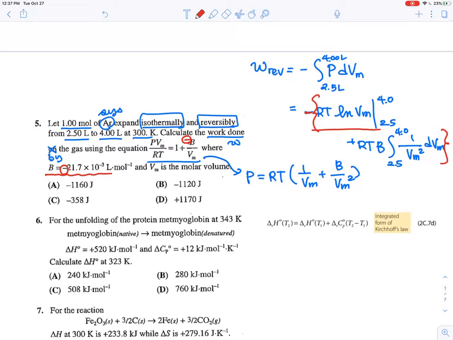There's a couple of tricky parts, because we know the gas constant and RT. So let me use the space over here. Work reversible is minus 8.314 multiplied by 300, natural log of 4.0 over 2.5.